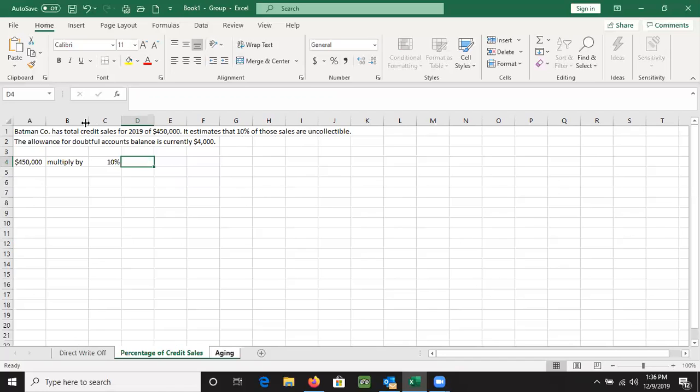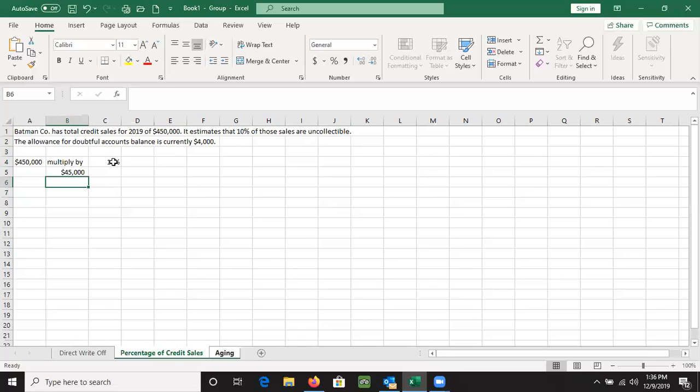So maybe in 2017 and 2018, the company had 10% of their credit sales not paid. So that's where they come up with that number. For our purposes, you will be given the percentage. All right, so to estimate how much is uncollectible, take the total credit sales, multiply it by the percentage, you're going to get 45,000 in this case.